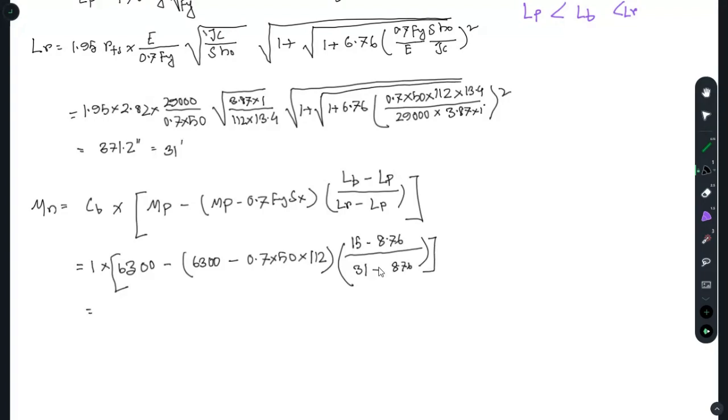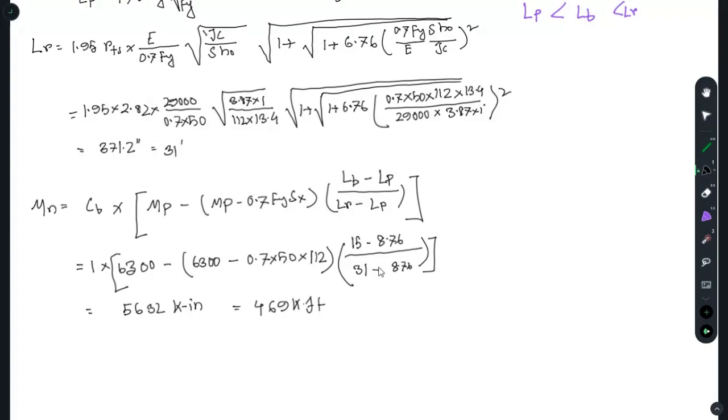So from here, you'll get a value of 5,632 kip-inch. If you convert it into kip-feet, you will get 469 kip-feet.